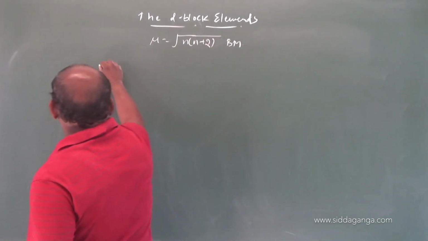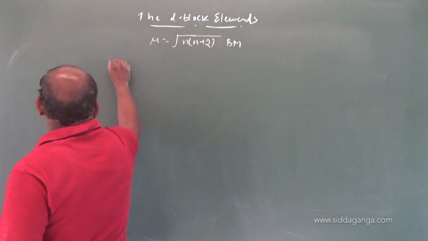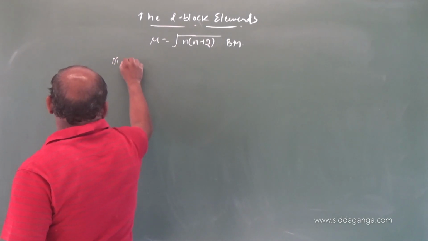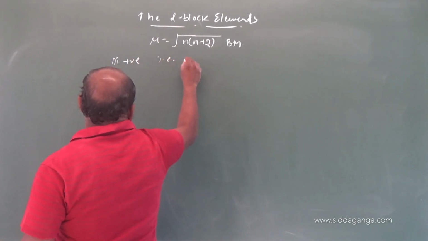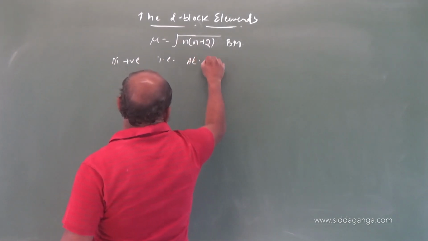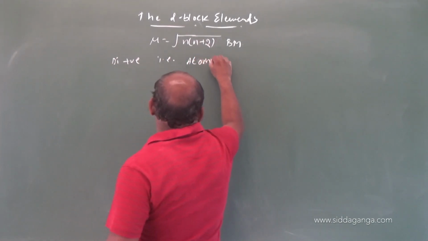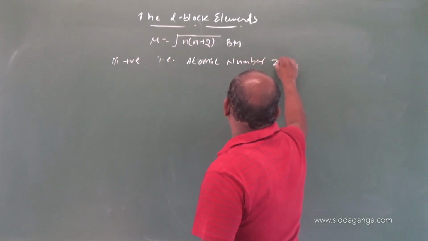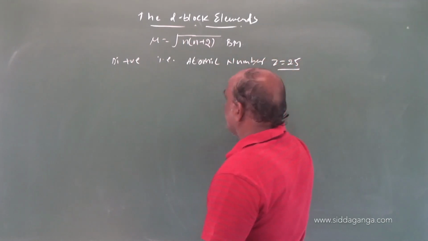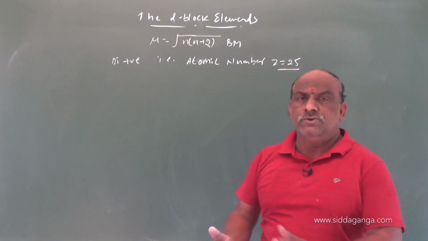Let us consider the example: a dipositive ion, with atomic number Z equal to 25.